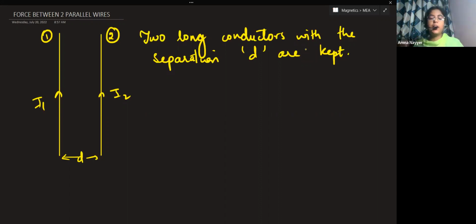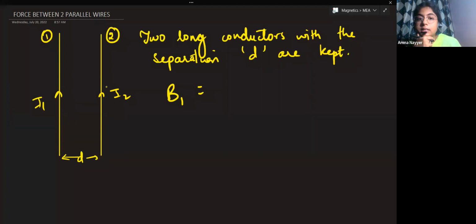So remember, we have to actually find out the force on the second wire due to the first one. For that, let's take the magnetic field due to the first one. If I1 is the current and d is the separation, at the second one the conductor is acting as a point. So what will be the magnetic field?